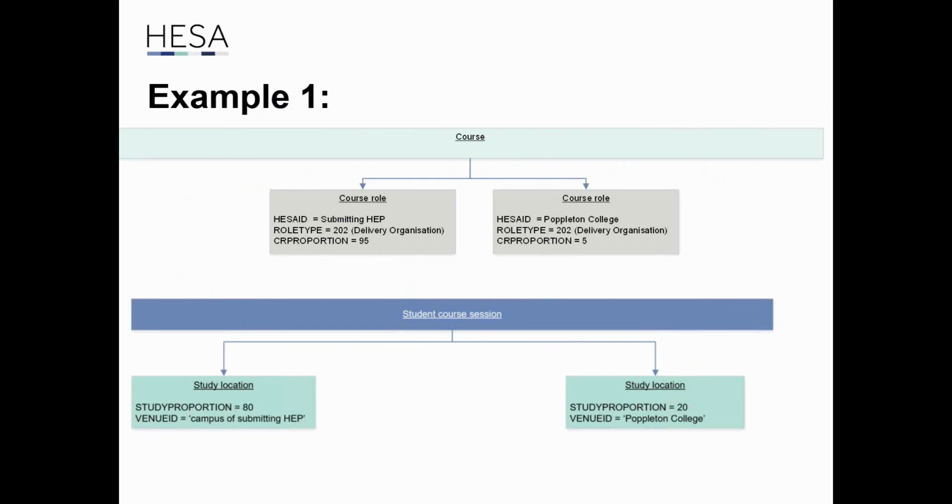Then at the student core session level, again, you would put the proportions of that study location. So 80% of that is going to be at the campus of the submitting provider. That might be broken down into more, but we've simplified it for these examples. And then Poppleton College is going to be for the 20%, because it's 20% of that student core session.